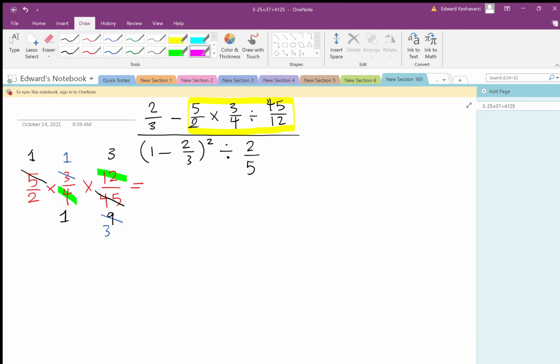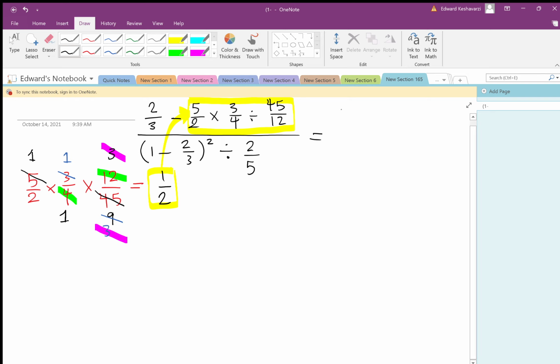Also, you can cross out these 3's here. So what I see on top is just 1, and at the bottom is 2. So it means the final answer to this part is 1/2. Okay, let's take this 1/2 and put it here.